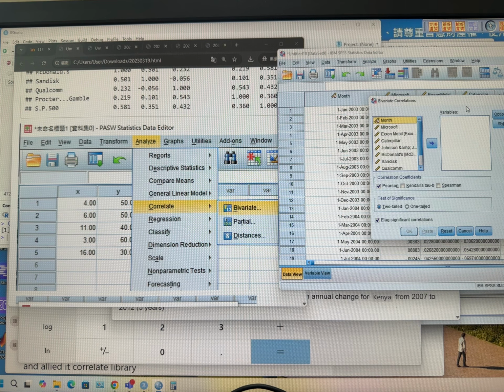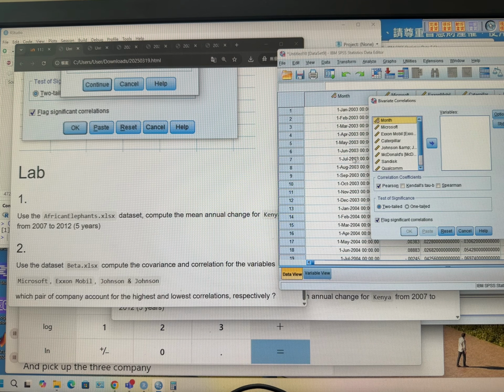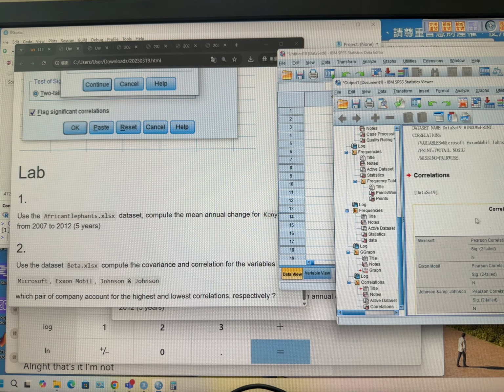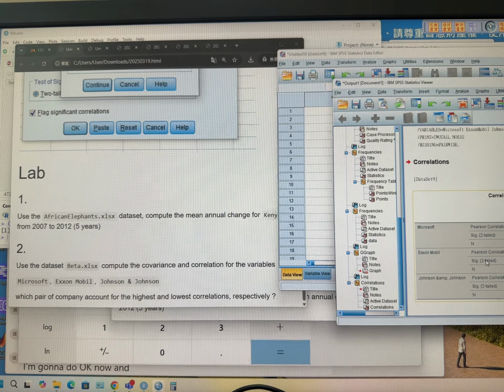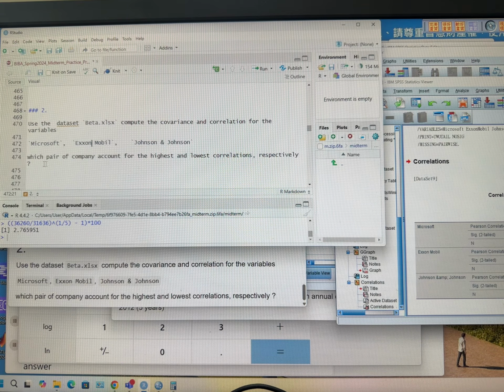That's it. And pick the 3 companies. You can have the Microsoft, Exxon Mobil, Johnson. Alright, that's it. And then do okay. Yeah. And this is the table we are going to make use of to answer our question.